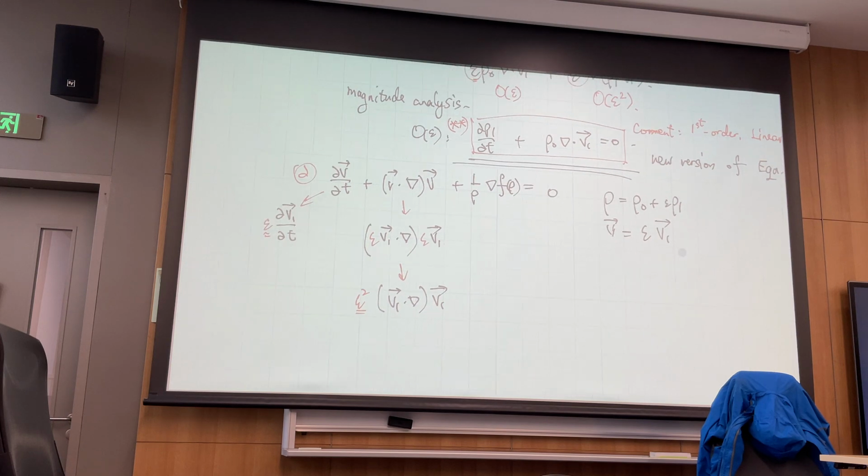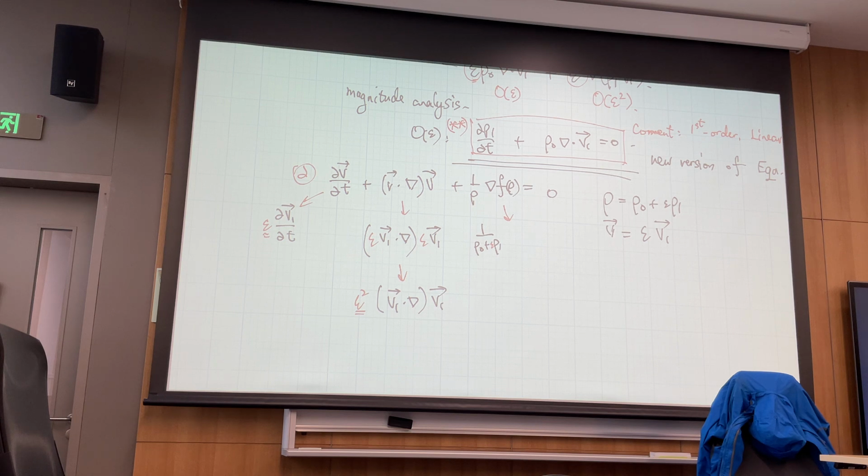Now the third term is completely about rho. So what we will have to do is to reintroduce that rho equals rho 0 plus epsilon rho 1. So first of all, 1 over rho will be rewritten as 1 over rho 0 plus epsilon rho 1.